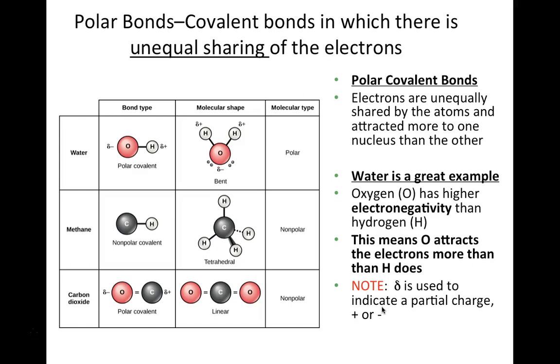In other words, there's a slight negative charge, there's a slight positive charge on some of the atoms in the structure. These positive and negative charges, whether they're partial, illustrated by the delta plus or delta minus, or if they're full negative or positive charges, are how different atoms within different molecules interact with one another.